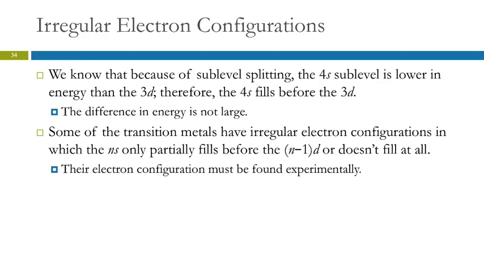But the difference in energy there is not very large. It's actually pretty small. So some of those transition elements have irregular electron configurations in which that s orbital either doesn't fill or half fills, and yet we have d electrons in there.